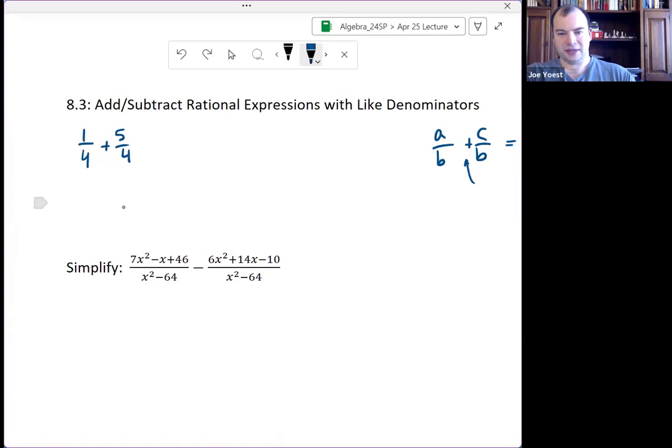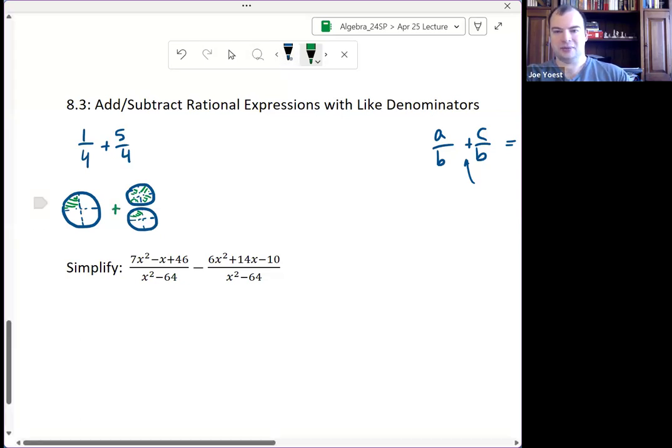In other words, if I had 2 pizzas, or a little more than 2 pizzas, and the pizzas were originally sliced into quarters. If I have 1/4 left in this pizza, I have this area. If I have 5 quarters left of these pizzas, I have 1, 2, 3, 4, 5.